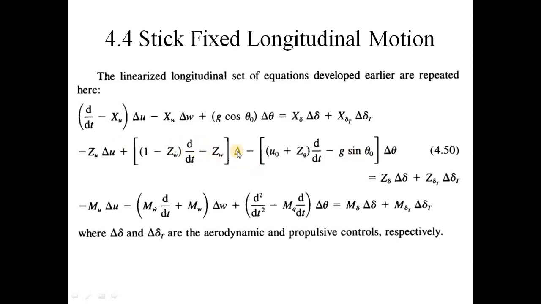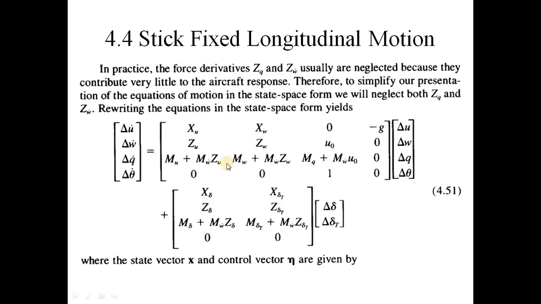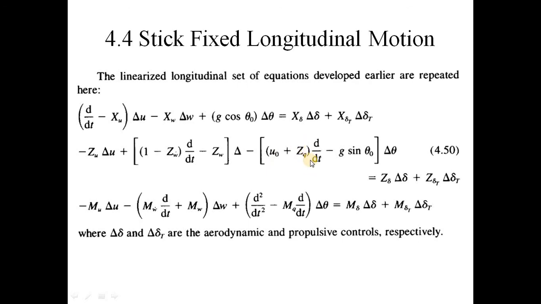Acceleration dia kat mana kat sini acceleration ni? Sini delta W ni acceleration dia. Okay. So ZU delta U plus tu ada ZW delta W ni. Okay. Show balik. Kan? ZW. Okay. And then ZQ. Ini kita convert jadi Q.